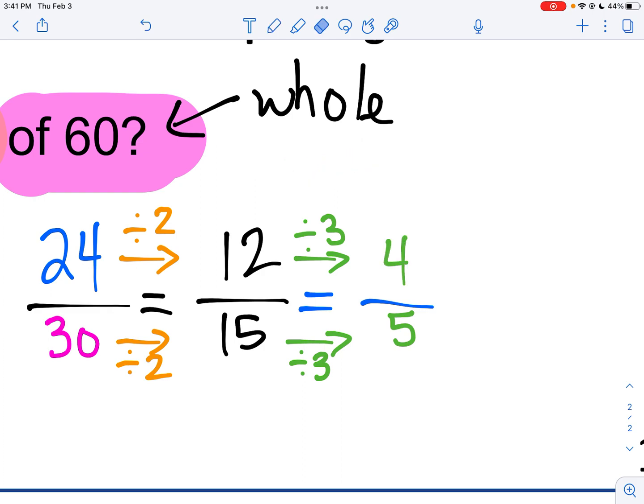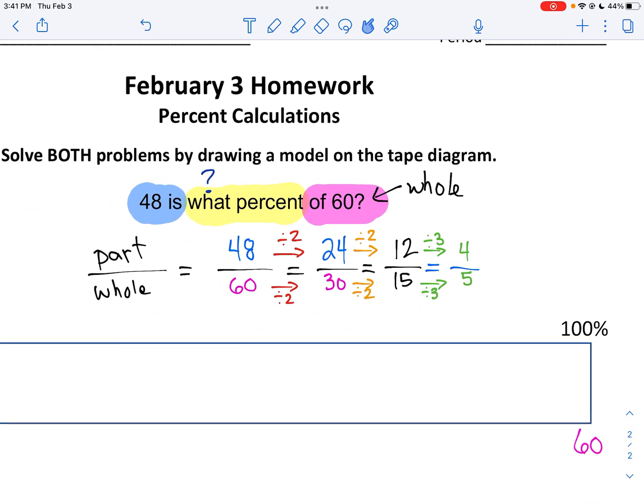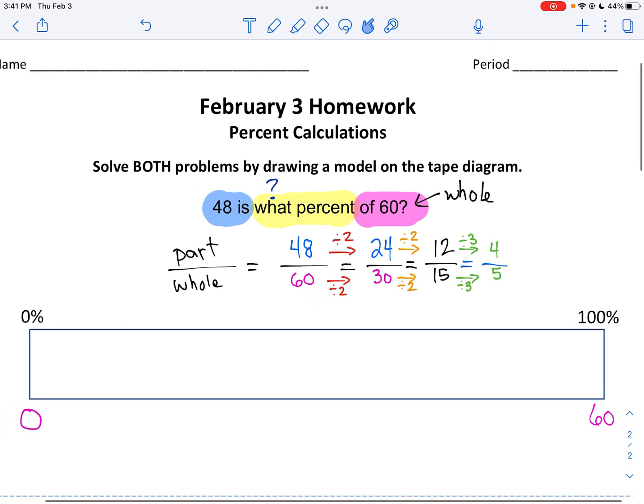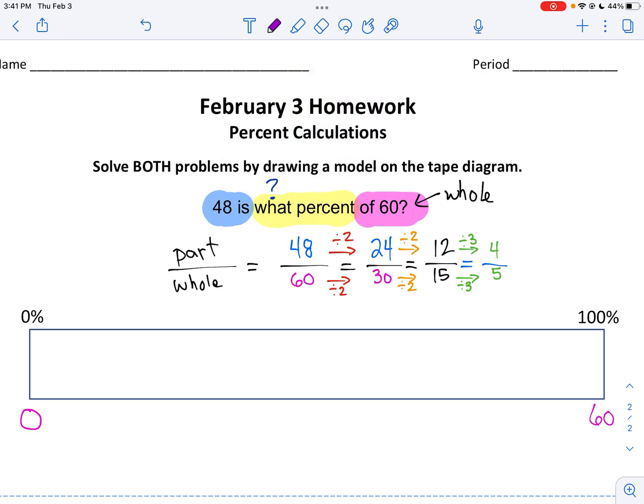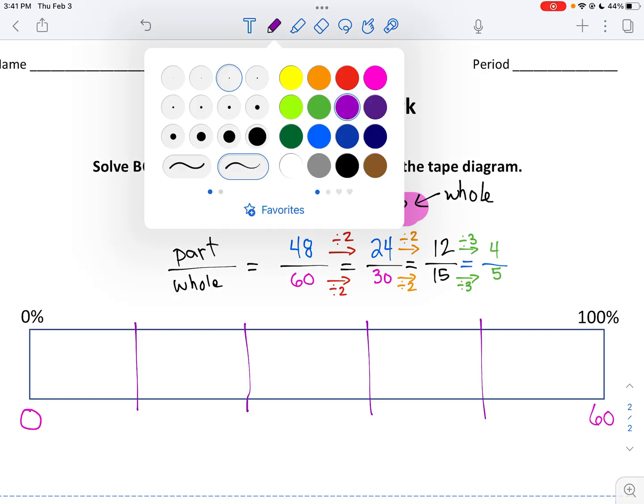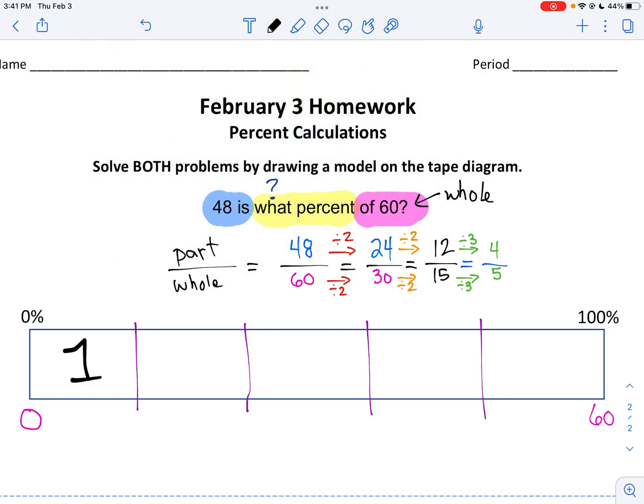At this point, you need to finish from here, right? You need 4/5. If the denominator is 5, then we're making 5 parts to the best of our ability. I'm really going to encourage you to write 1, 2, 3, 4, 5.